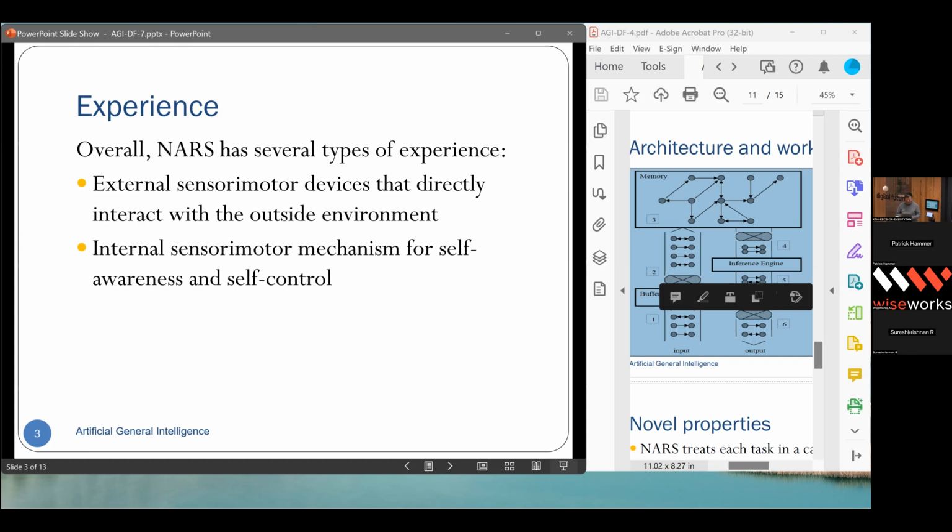That kind of information is collected mostly from this new internal experience buffer, which will hold the information inside. You'll see that NARS's philosophy is to treat the external environment and internal environment as highly parallel. The difference is the sensor and actuator. That's clearly different, but the principle remains the same.